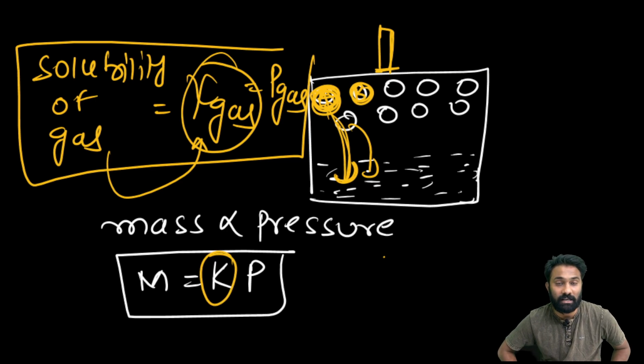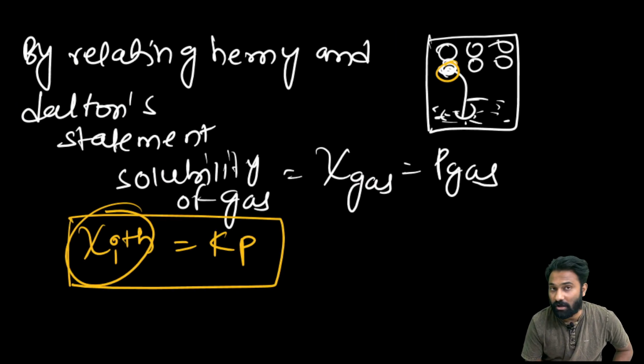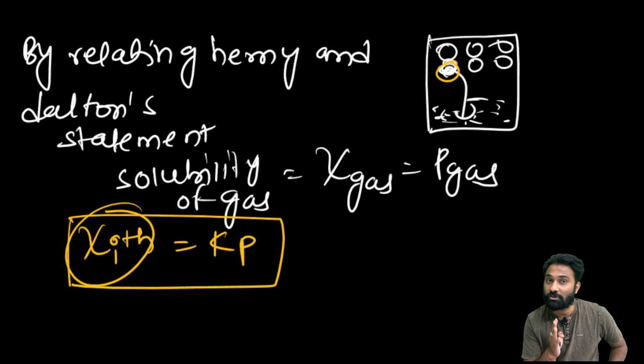But the Henry's constant formula is different in different books. Whenever you solve questions on Henry's constant, you have to be very careful with the units given. Depending upon the units given, we have to choose the formula. We should not directly use m = kh into p or Kp.